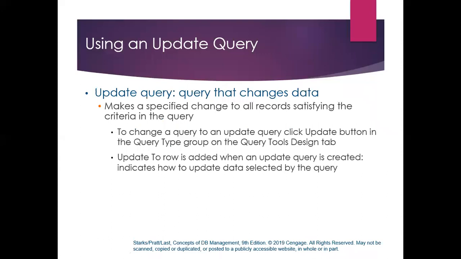A query can also be used to update data. When a query is used to update data, it is called an update query. Please see pages 56 to 57 of the textbook for additional information on how to use an update query.